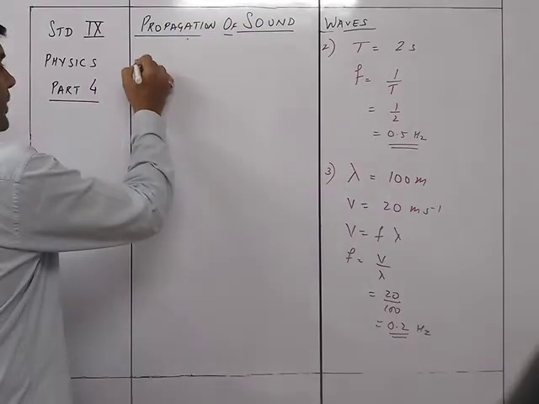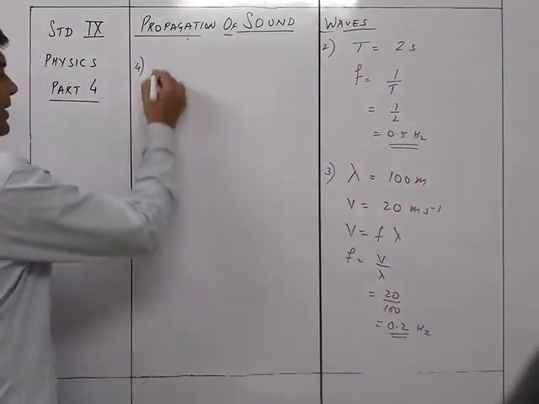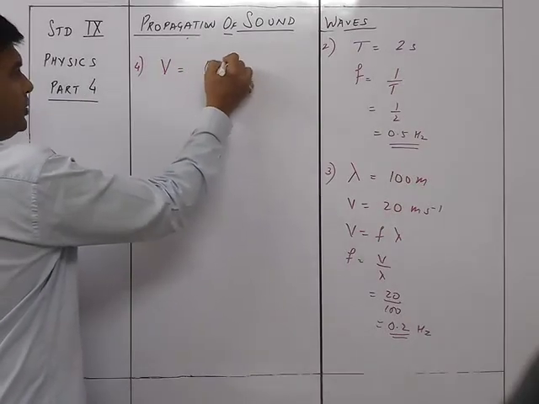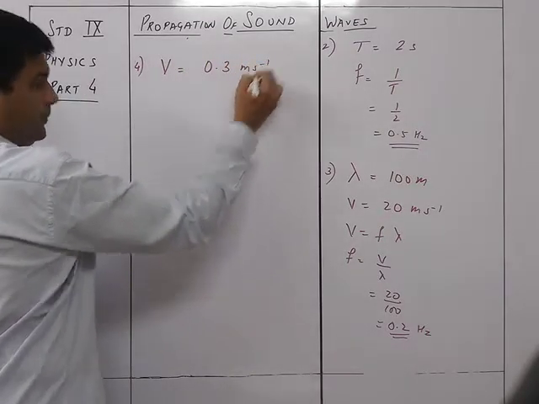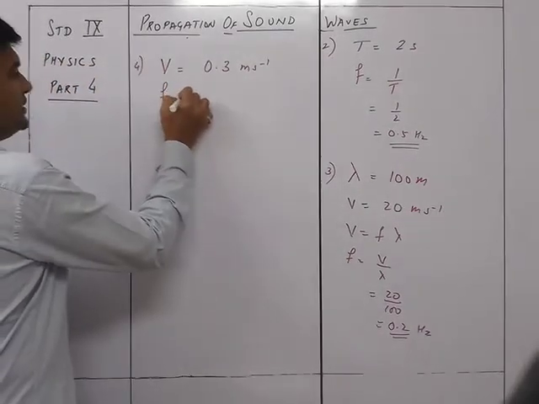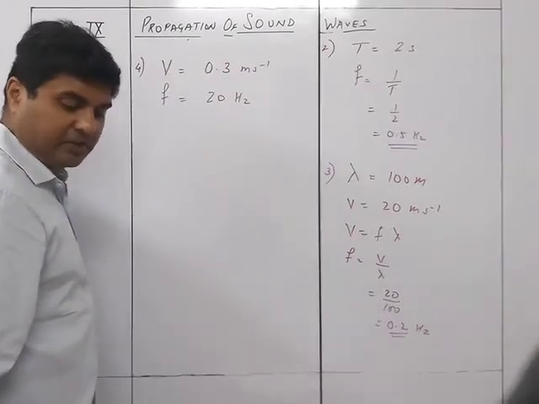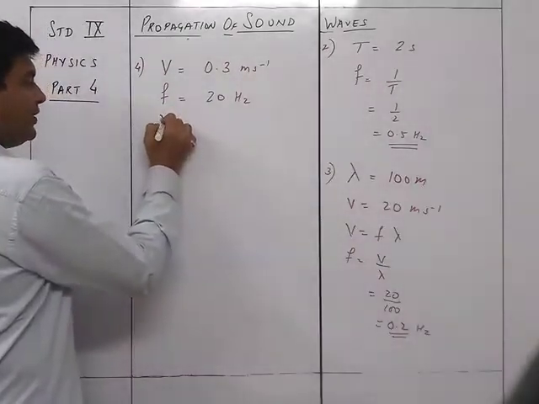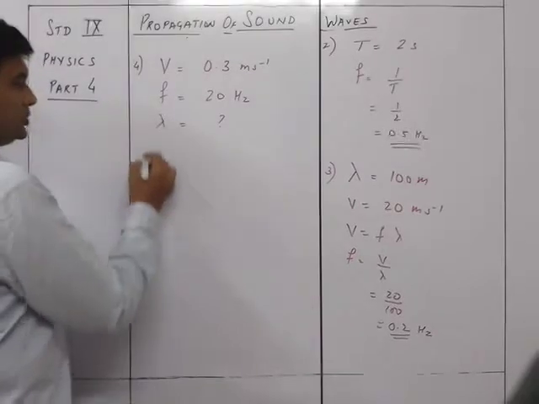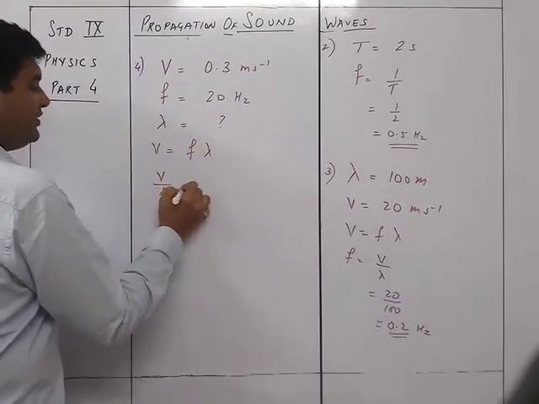A longitudinal wave travels with a speed of 0.3 meter per second. So we have the velocity as 0.3 meter per second. And the frequency of the wave is 20 hertz. So frequency is 20 hertz. We need to find out the separation of two consecutive crests, which means we need to find out the lambda. So we know that V is equal to f lambda. So V upon f is equal to lambda.